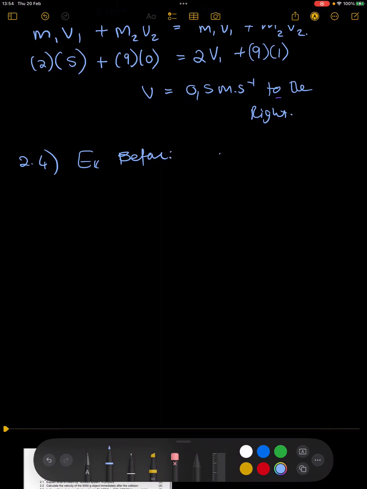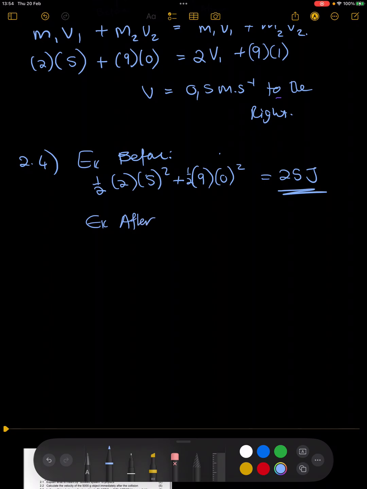Okay, so I'm going to put in the mass. We had the velocity as 5. Then on the second one, we had the mass as 9. We had the velocity as 0. So this was 25 joules. Remember, we measure energy in joules. Then my kinetic energy afterwards, I calculated the final velocity of the first block as a half.